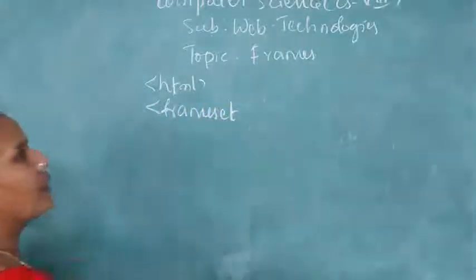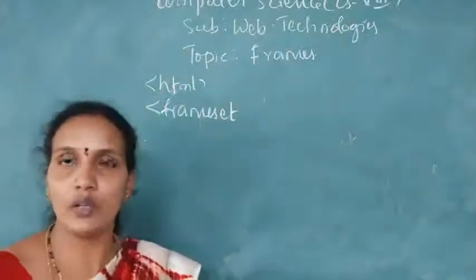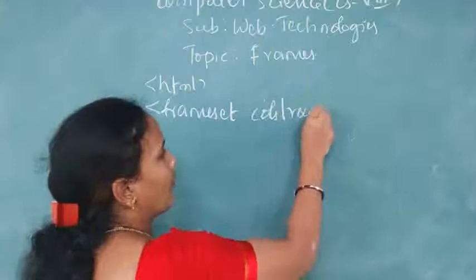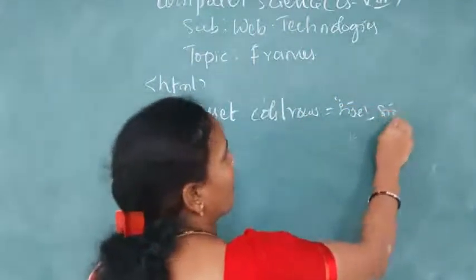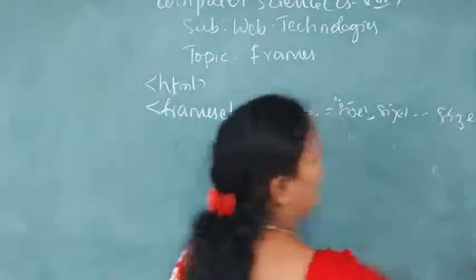Frameset, this is an opening tag. Inside the opening tag we will include two attributes, either cols or rows, and the size of the first column, size of the second column, and so on, size of the nth column.